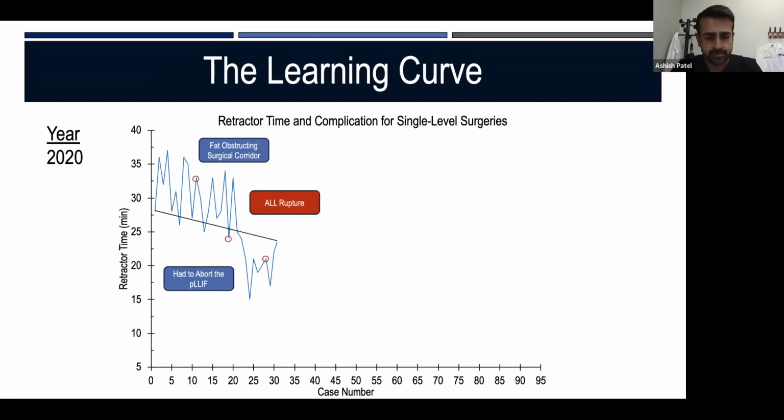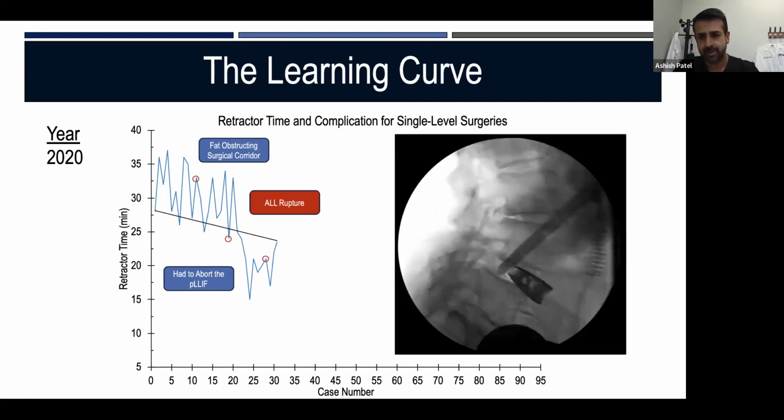Following along the journey of our learning curve, there were times in which we had inadvertent ALL rupture, and there was an X-ray like this. That's not a good day, and you definitely can't keep it that way. So that can happen.